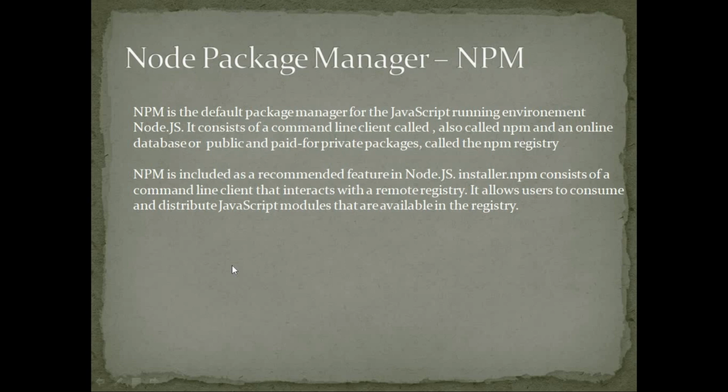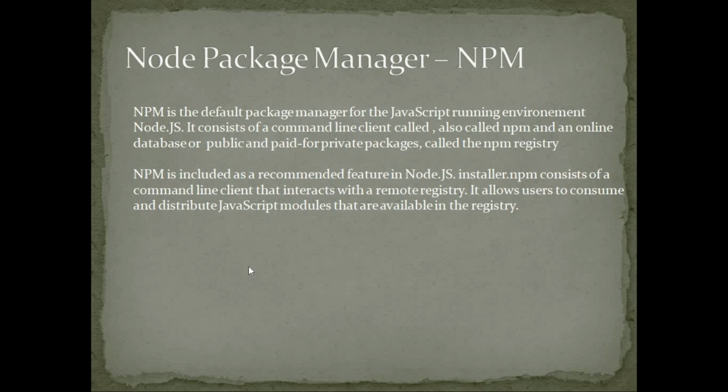Once you run npm install, it will run the command line client and fetch that module or library from the npm registry. If you want a dedicated video on npm and all its commands, and how I can add a library to npm, please let me know, and I'll make a dedicated video on npm.